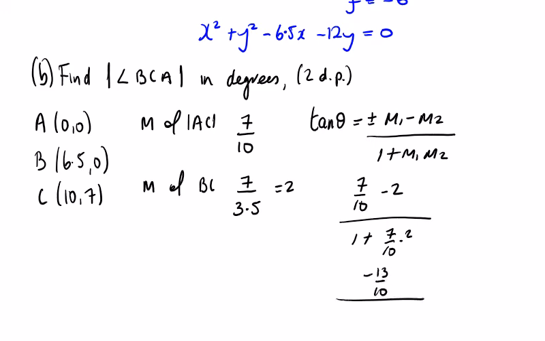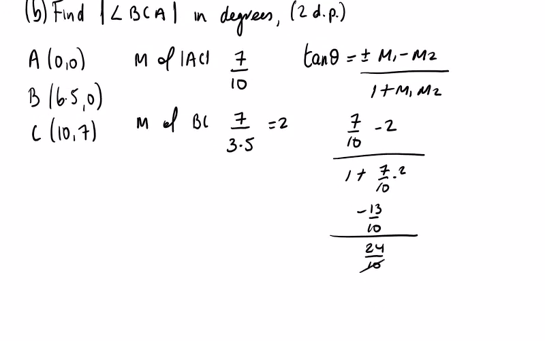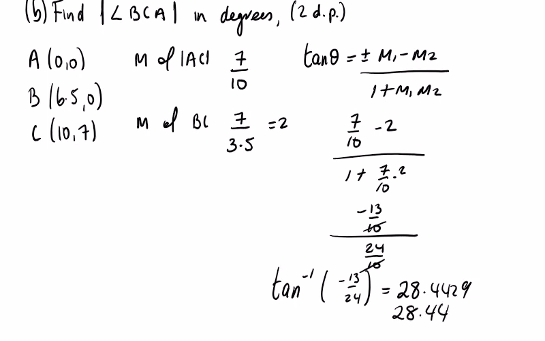You could type it into the calculator at this point, and we have 10 over 10 plus 14 over 10, which is 24 over 10. So our denominators will cancel. So the inverse tan of minus 13 over 24 is equal to theta. We'll come up with a minus 28 degrees here, but we're going to look at 28 degrees positive. We could put in the positive 13 over 24, 28.4429, so to 2 dp, 28.44 degrees.